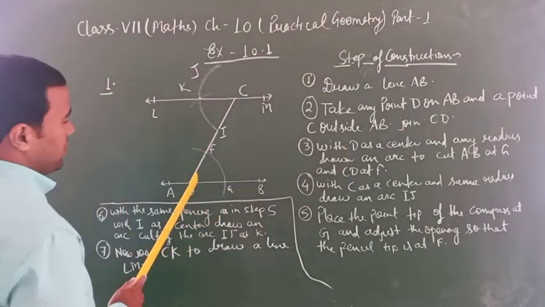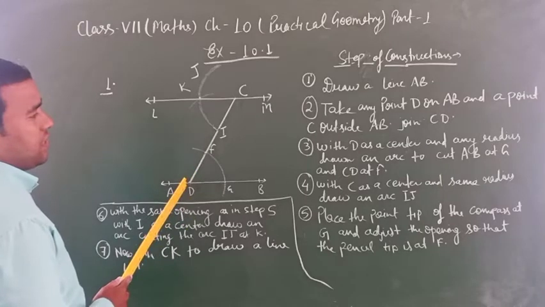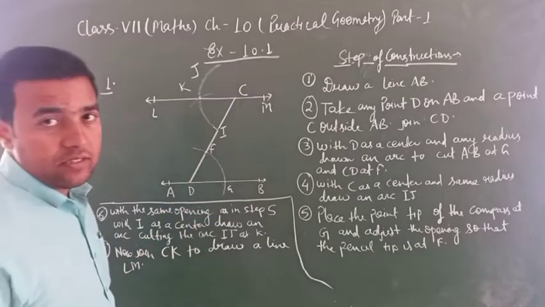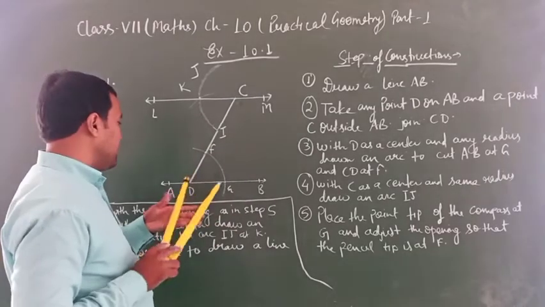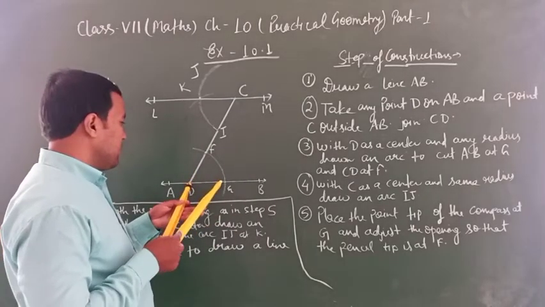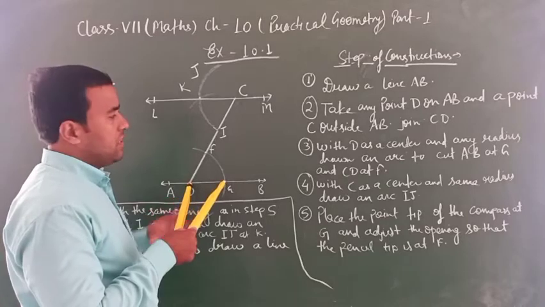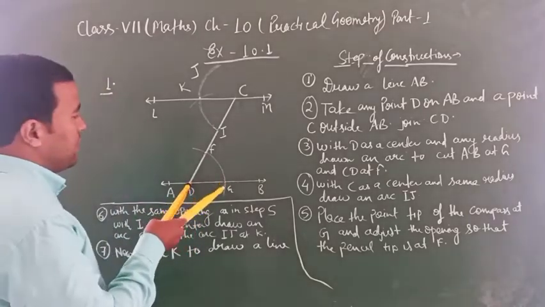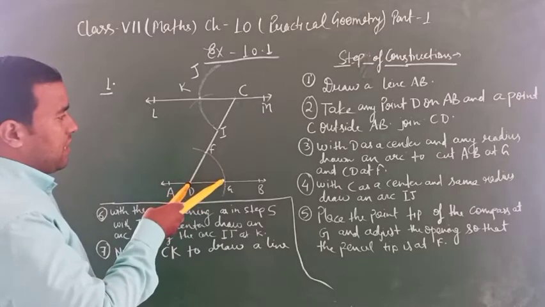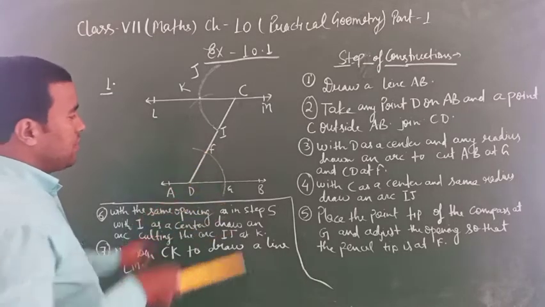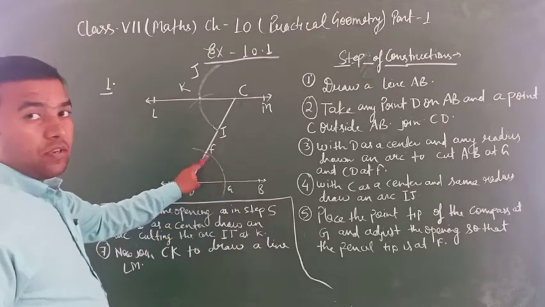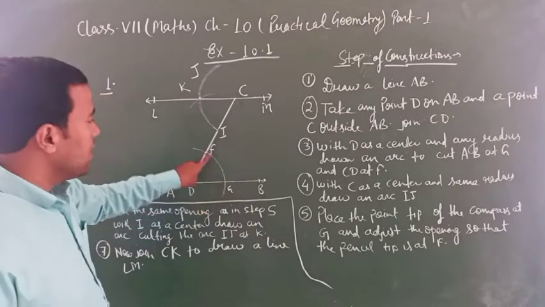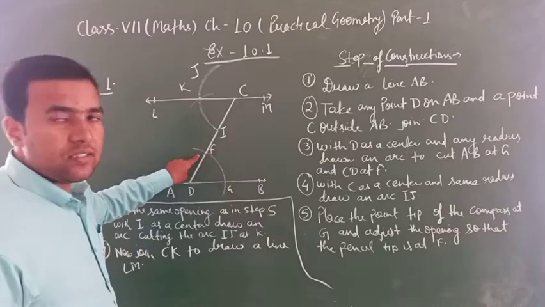Third step, with D as a center and any radius draw an arc to cut AB at G and CD at F. Means this arc we have made. So on AB the cut point is G, on CD the cut point is F.